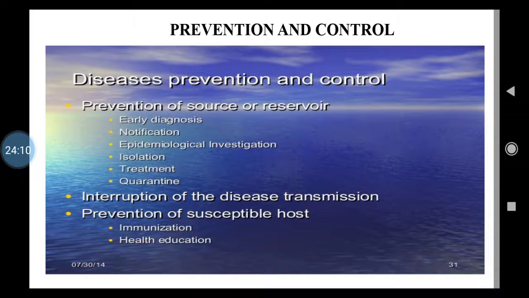Now the next part is how these diseases can be prevented and controlled: the general methods of prevention and control of communicable diseases. Now we have seen the three main factors: agent, host and environment. Also we have seen the various important modes responsible for spread of the diseases, direct modes and indirect modes.